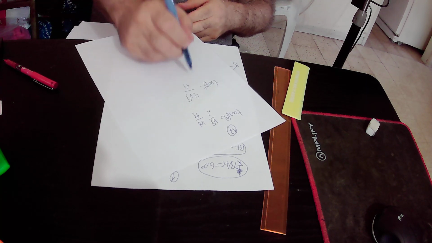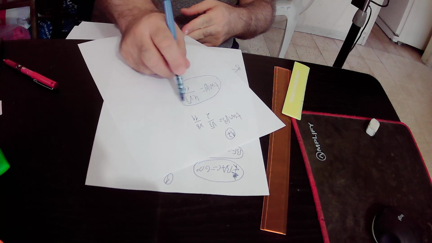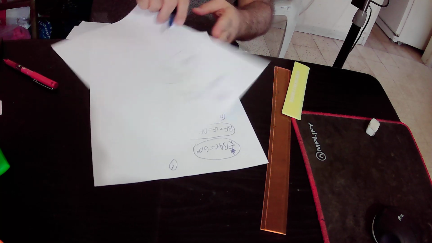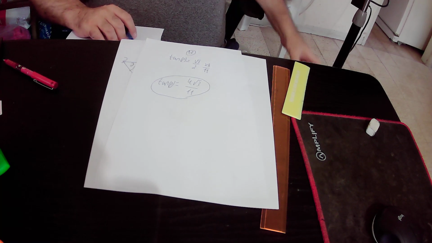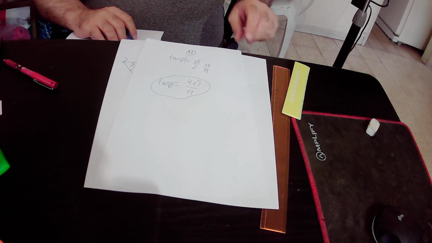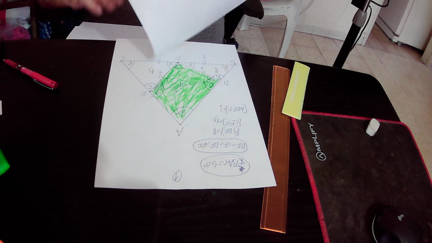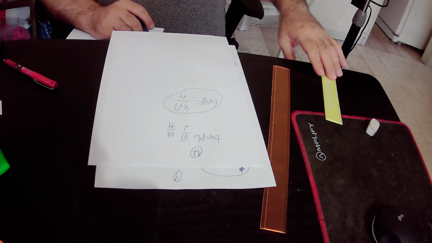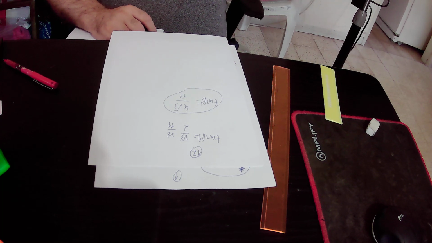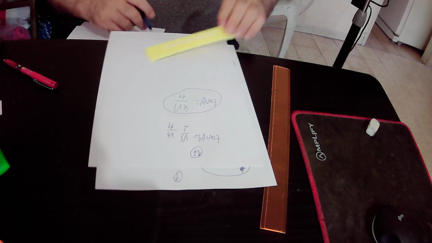So we found out that tangent P equals 4 times root 3 over 11. But you know that the function tangent P actually expresses the relationship between the sides of a right triangle.